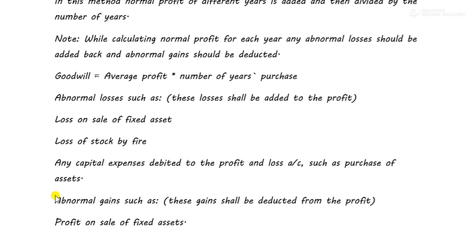Let me explain abnormal losses. Suppose there's a firm which has earned a profit over the years. Suppose in 2015, 55,000.